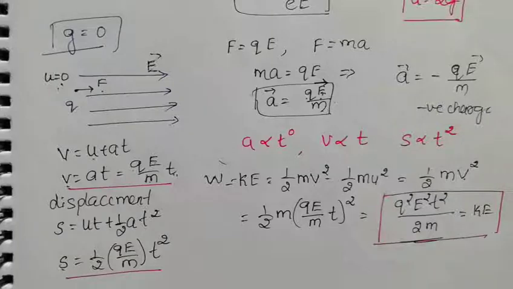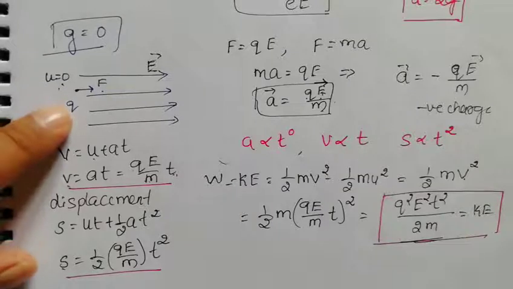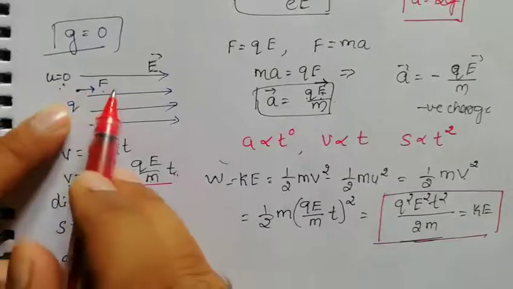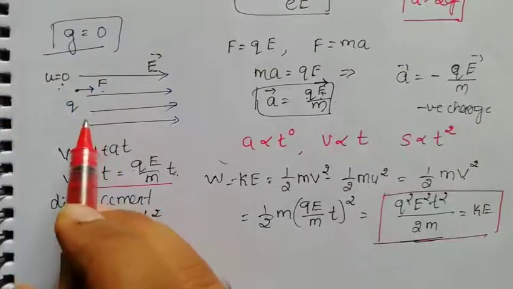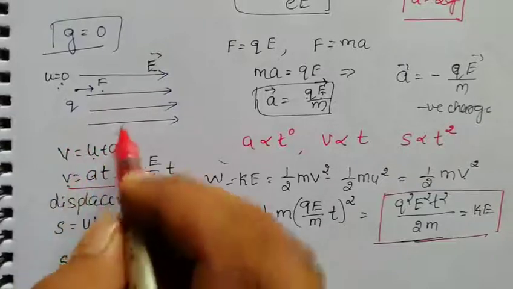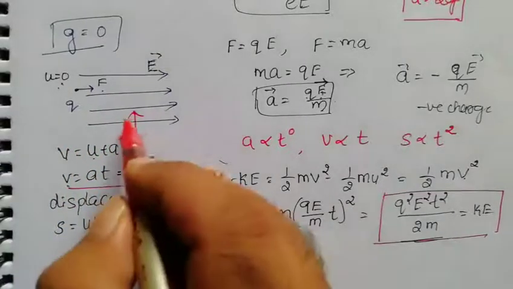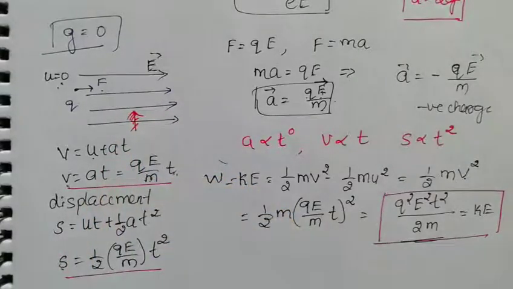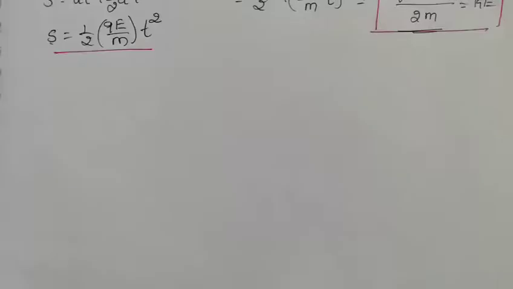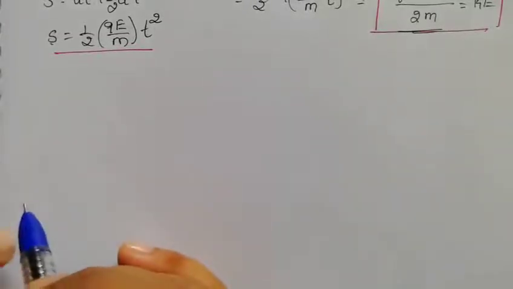Okay, so these are the cases. Let me take one more case. Here we applied the electric field along the direction of motion. If I take it the other way, like this, then what will happen? Let us look at that case also. The next case is when we project a particle perpendicular to the electric field.